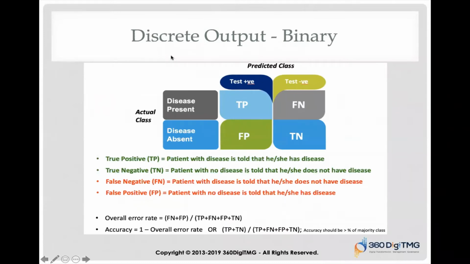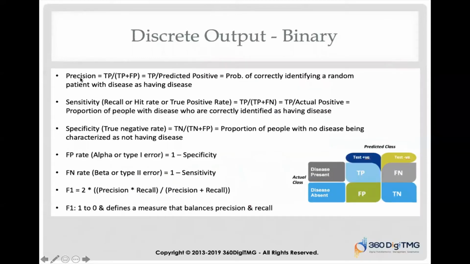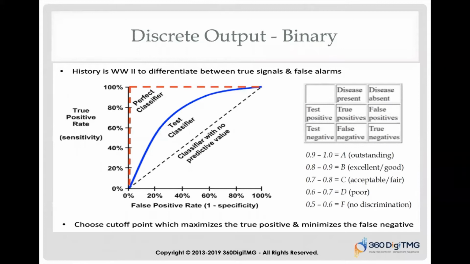Then we discussed the discrete output variable when you have binary data, and how we measure not just the overall accuracy but precision, sensitivity, specificity, F1 ratio, and so on, precision, recall, and all that. We also discussed the ROC curve and how to interpret it.